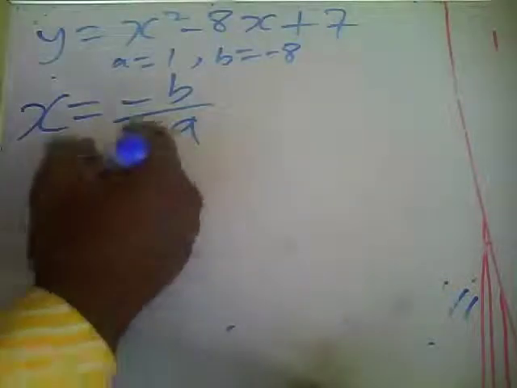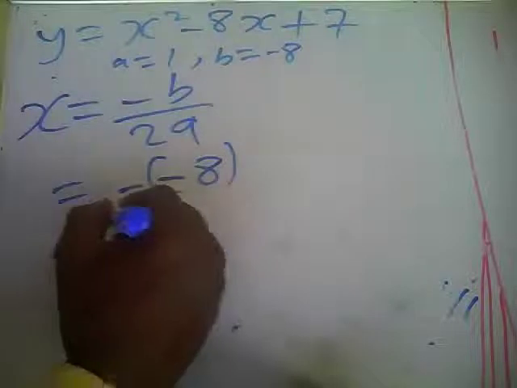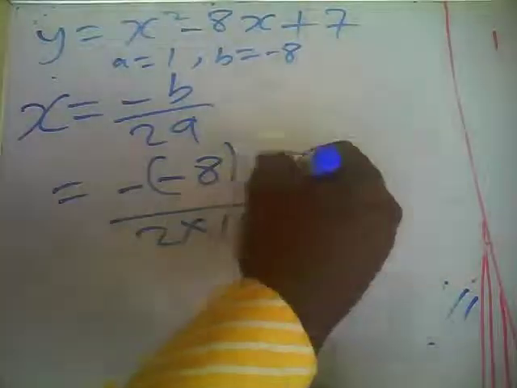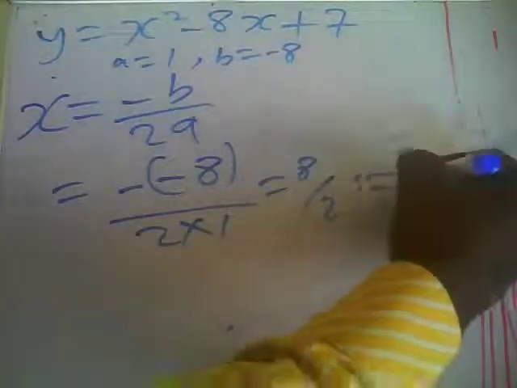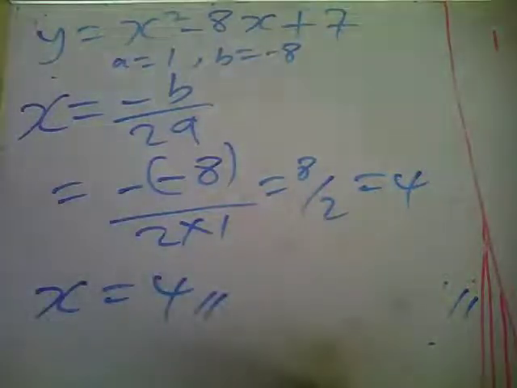So that's minus of minus 8 over 2 times 1, which is 8 over 2, and that is 4. So the value of x is 4, in agreement with what we got earlier. So the value of x that makes the function minimum is 4. So I think that answers our question, and that solves our problem.